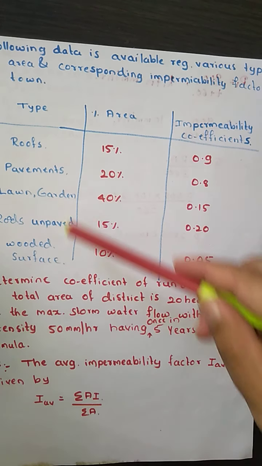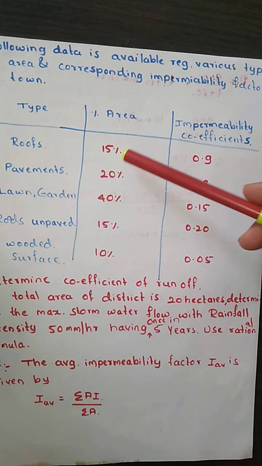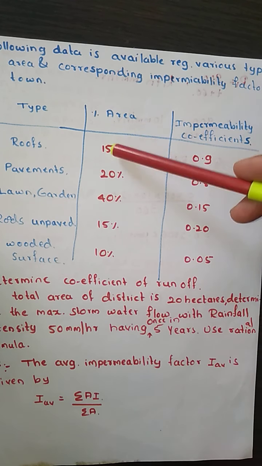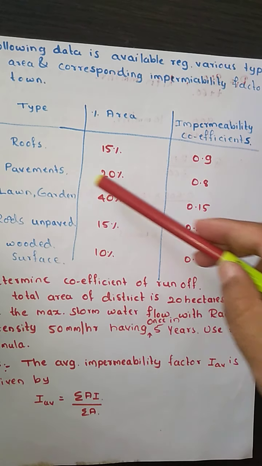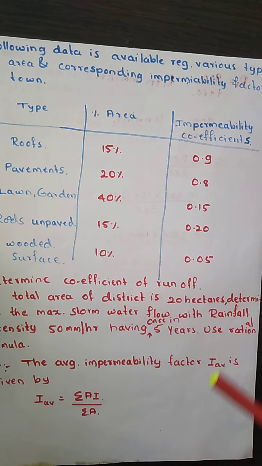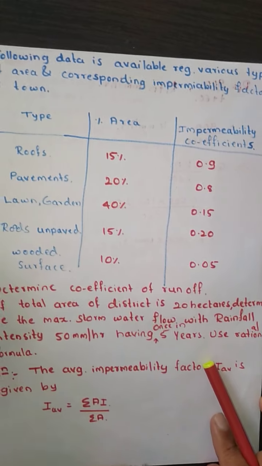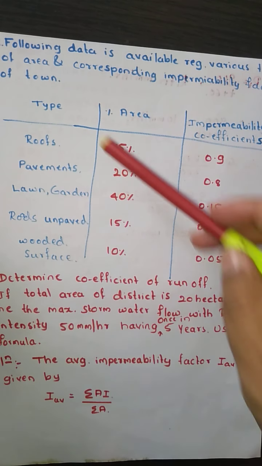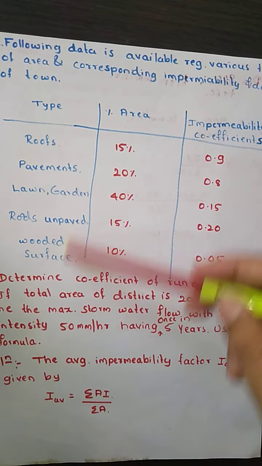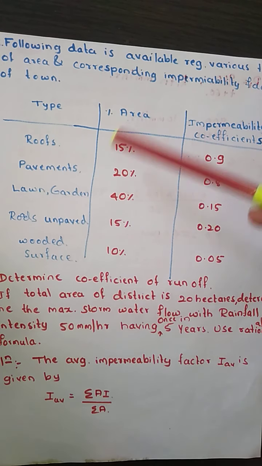Now this percentage area, 15%, means it is 15% of the entire area that we need to understand, and the pavement is 20% of the entire area. These are the details of one particular town with specific types of surface, their percentage area coverage and the impermeability coefficients.